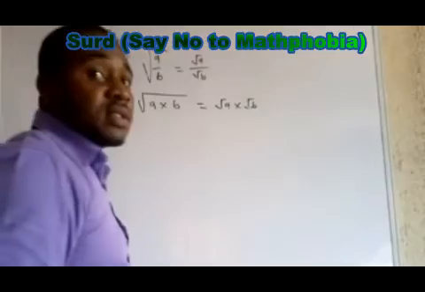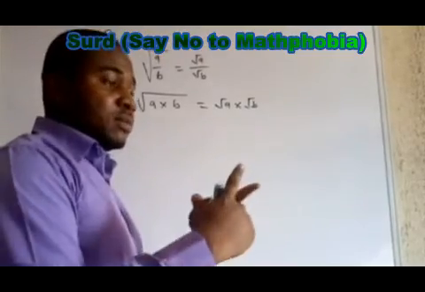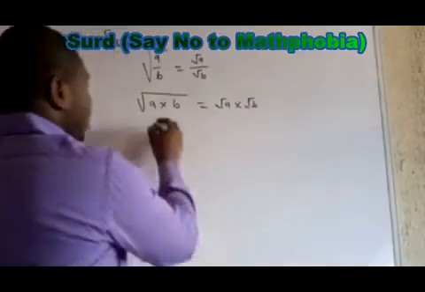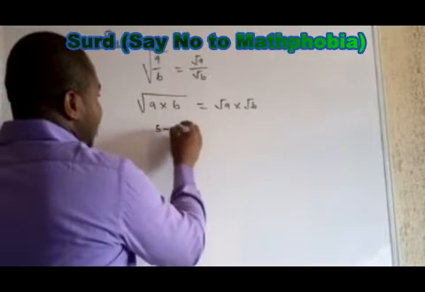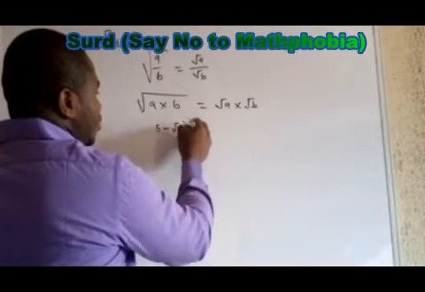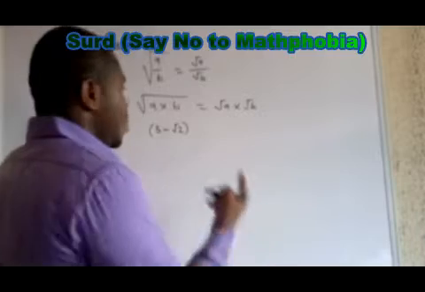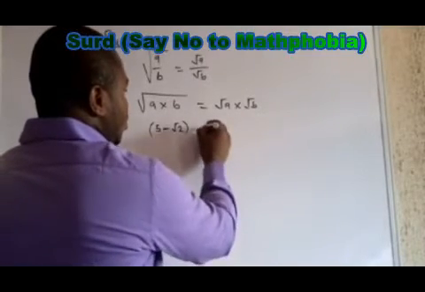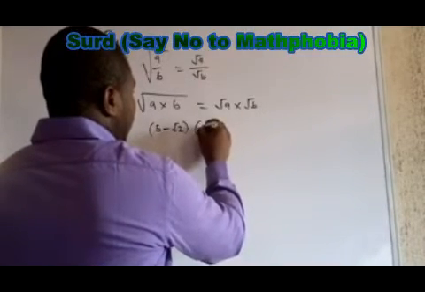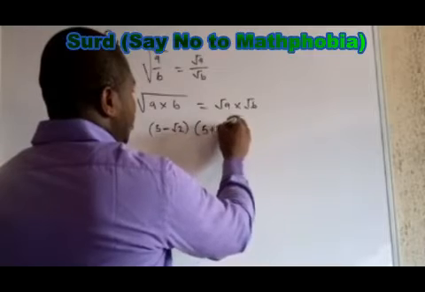So let's multiply a surd by its conjugate. You have 5 minus root 2. We all know, from what we have learned, the conjugate is going to be 5 plus root 2.